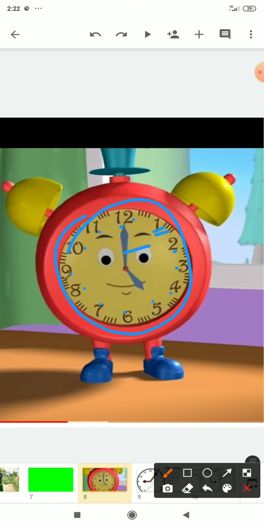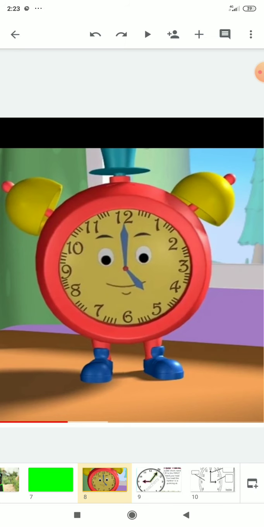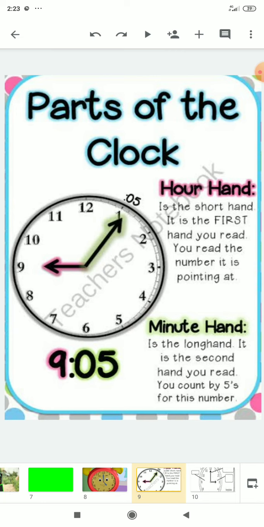Children, if you see, in between the numbers there are some small lines. We call it the minutes line. If you check this picture, here we will discuss the parts of the clock.